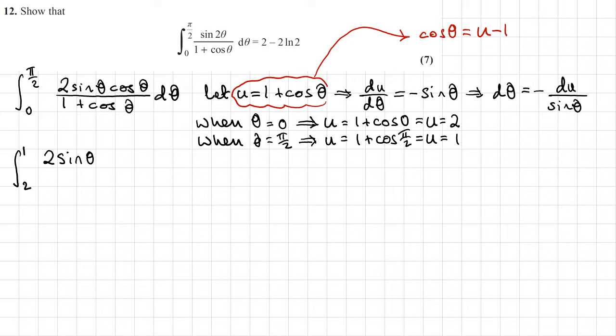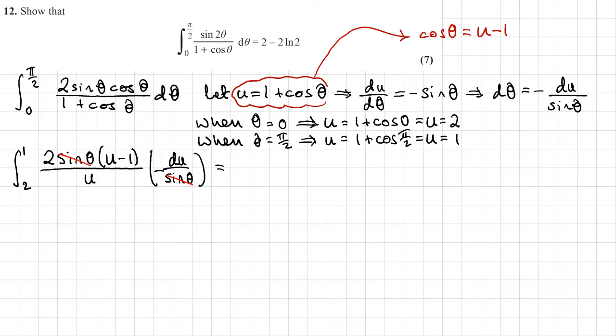So where I have cos theta at the top, I'll put u minus 1. At the bottom, 1 plus cos theta, I just put u. Where I have d theta, I'm now going to substitute negative du over sine theta. Now the sine thetas cancel out, not the 2, sorry, just the sine theta. And that will give me this.